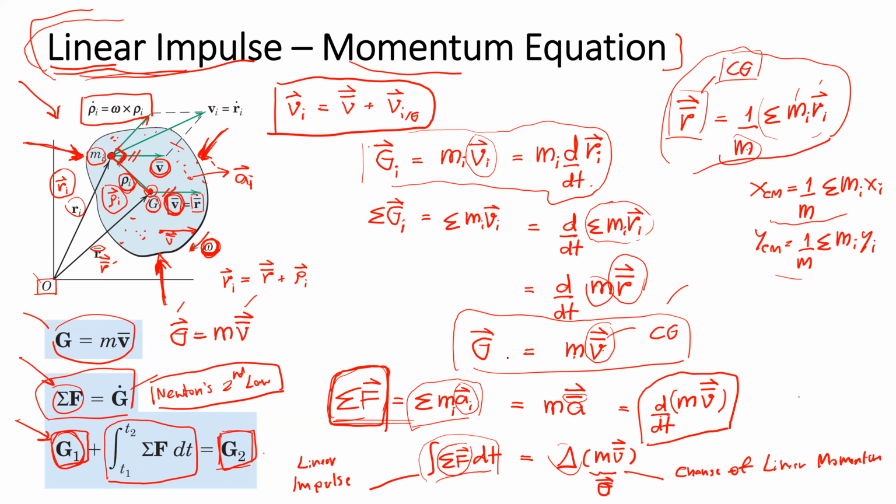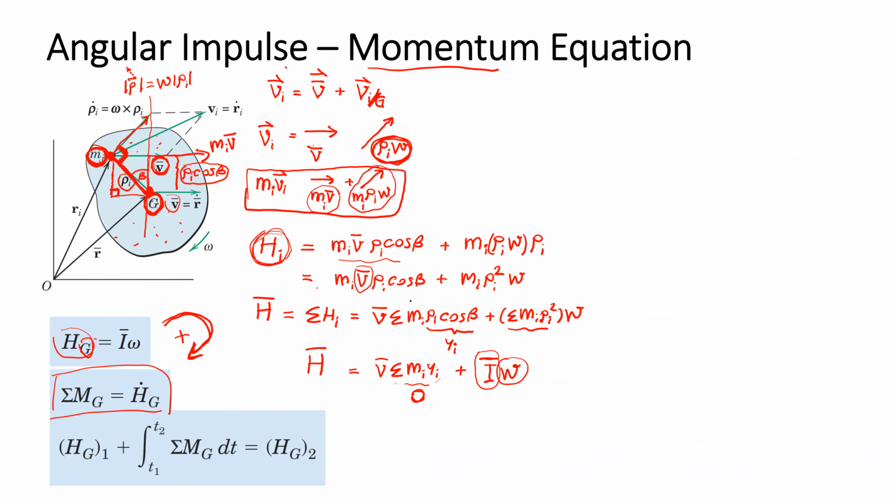For the linear momentum, it is the mass multiplied by the velocity vector. Mass is the inertia property. For the angular momentum, we also have the moment of inertia multiplied by the angular velocity.